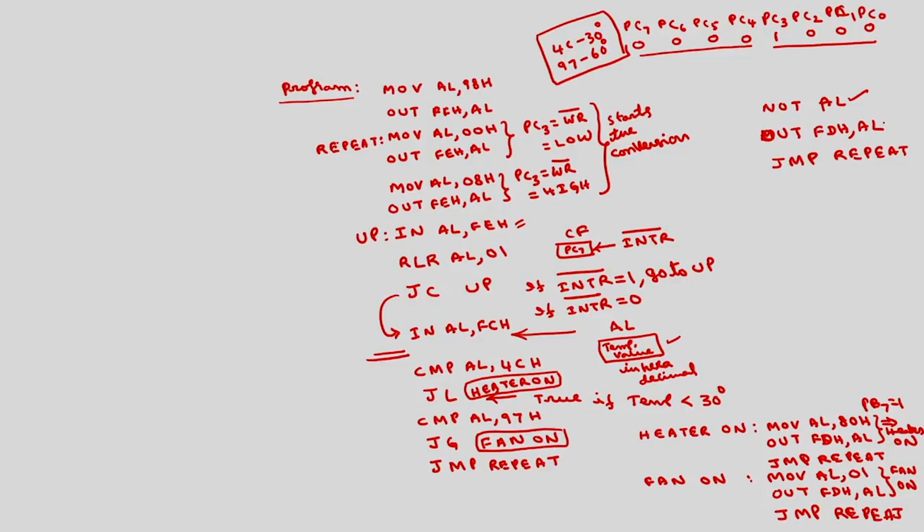In a similar manner you can have a lot of applications, like DC motor control using the 8086. You can use a motor which is connected to a tacho generator.